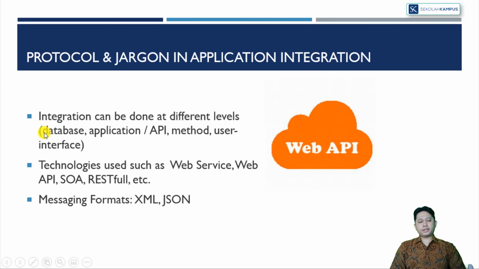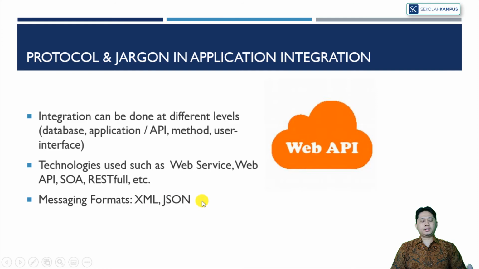The levels are database, application or API, which most of you probably know, the third is the method level, and the fourth is the user interface level. For technologies, there are web service, web API, SOA, REST, and so on. For messaging formats, we want to introduce XML and JSON.